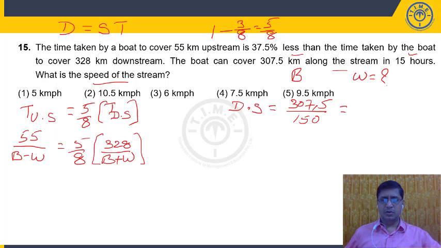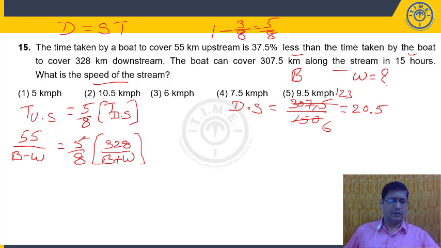Now simplify. 25 goes 6 times; 25 in 104 goes 4 times, in 1040 goes 40 times, in 3000 means 40 into 3, 120, plus 3, here 123 times. Am I right? So what is the cancellation? 123 by 6 is 20.5. So B plus W is equal to 20.5.